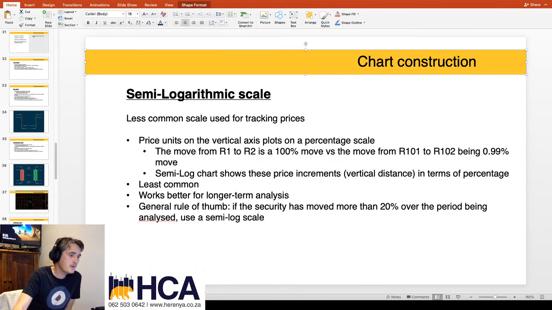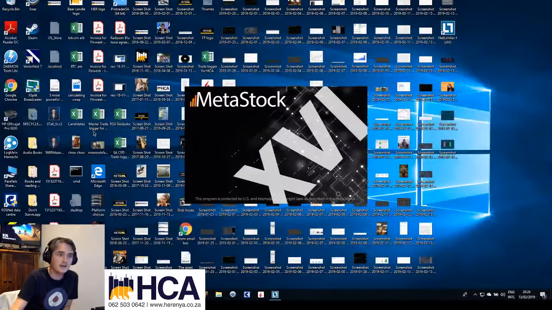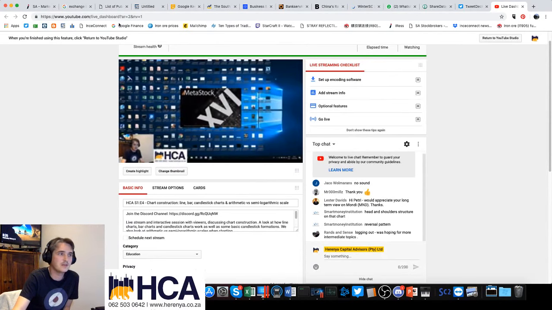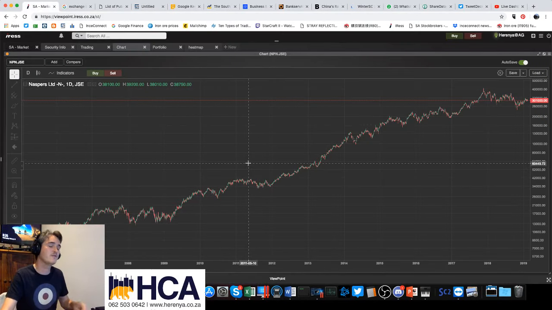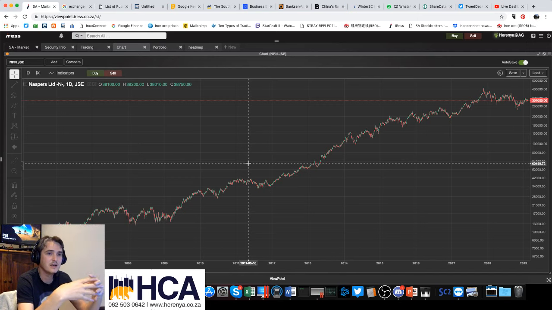So that's pretty much the different types of scales that you get, and the general rule of thumb for using these semilog scales is, if the movement of the security price you're looking at over the period that you're looking at it is bigger than 20%, you'll have a more accurate representation of what is happening if you use a semilog scale or a logarithmic scale, or whatever your platform calls it, rather than a normal absolute arithmetic scale.